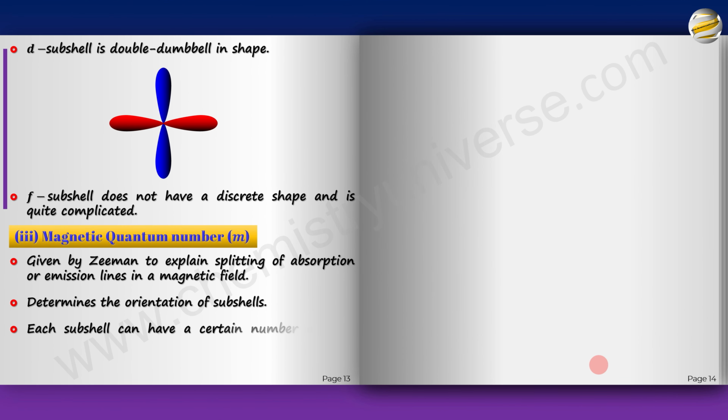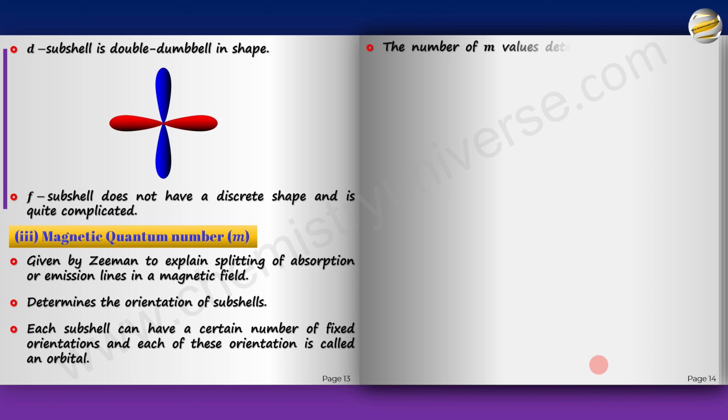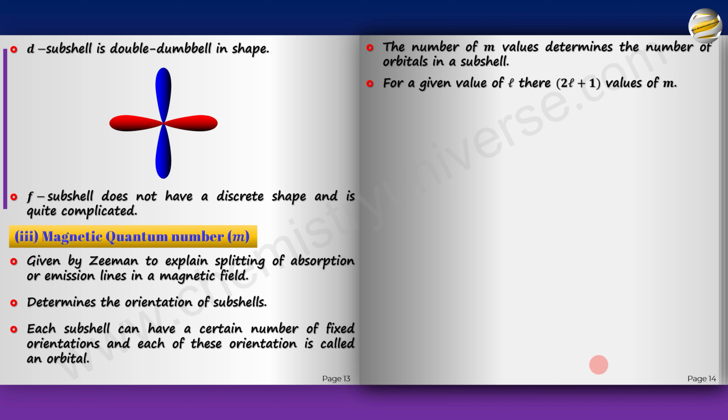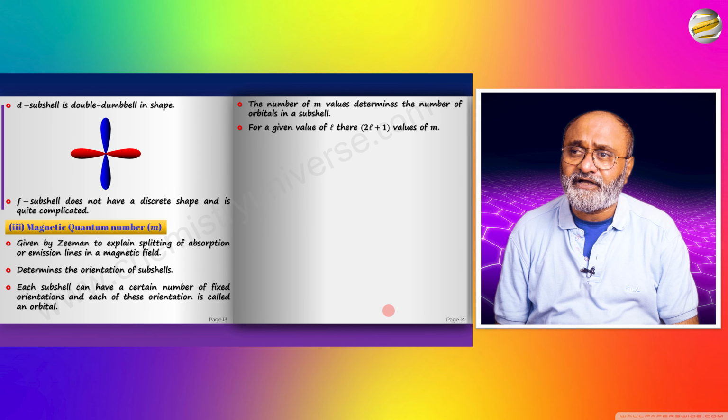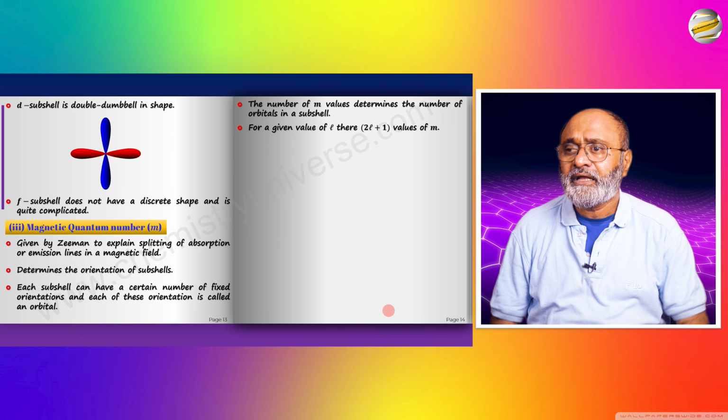So each subshell can have a certain number of fixed orientations, and each of these orientations is called an orbital. The number of M values determines the number of orbitals in a subshell. For a given value of L, there are 2L plus 1 values of M. So remember, for a given value of L, you will have maximum 2L plus 1 values. And how will these values change?